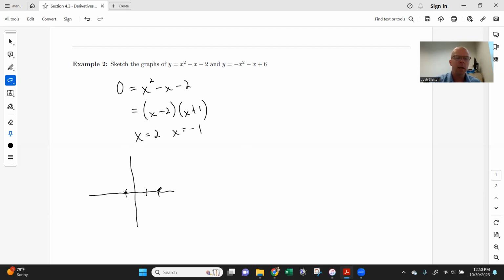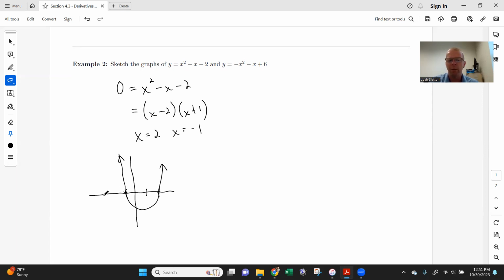The other thing you want to make sure you remember is that when the coefficient on the x squared is positive, the graph opens up. So in other words, the graph will look like this. For our purposes, we're not concerned about how far down this goes. We're not looking at the range. All we care about is where it's positive and where it's negative.